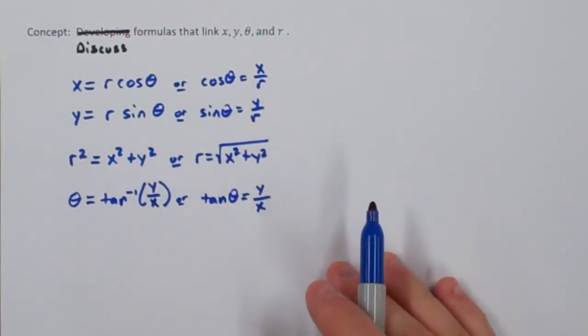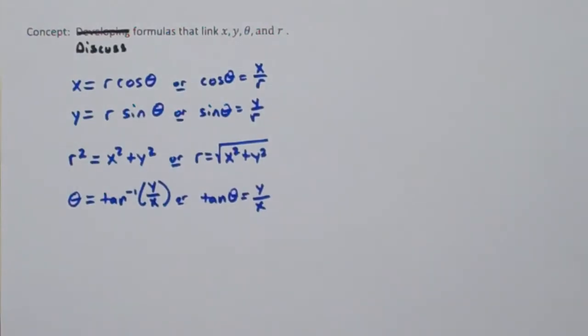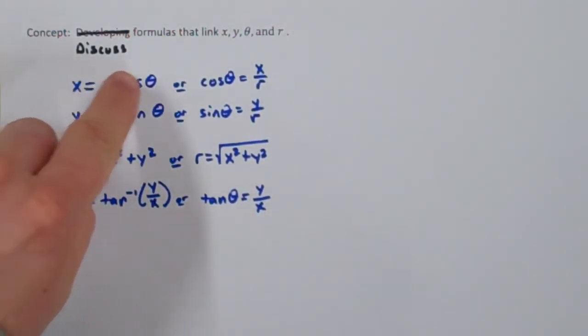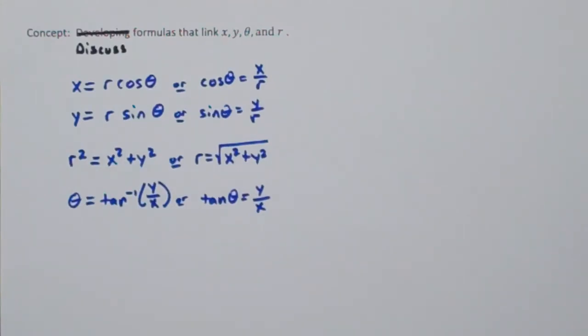So all we're doing here is trying to link x, y, r, and theta. Usually you're just going to do three of those together, so for instance, x, r, and theta are here. What we're going to use to help us change between polar and rectangular and back and forth for equations is the principle of substitution.